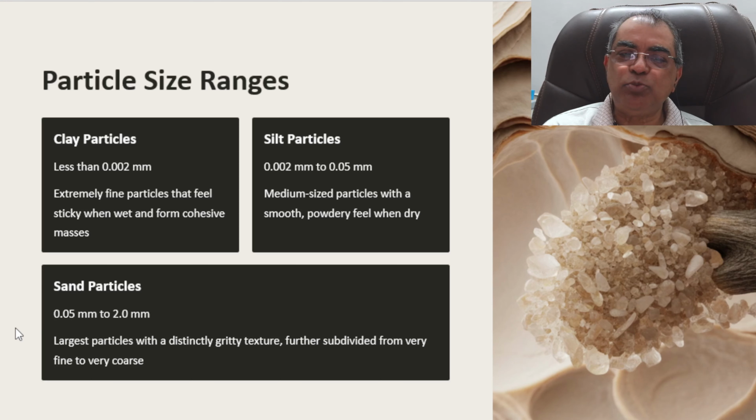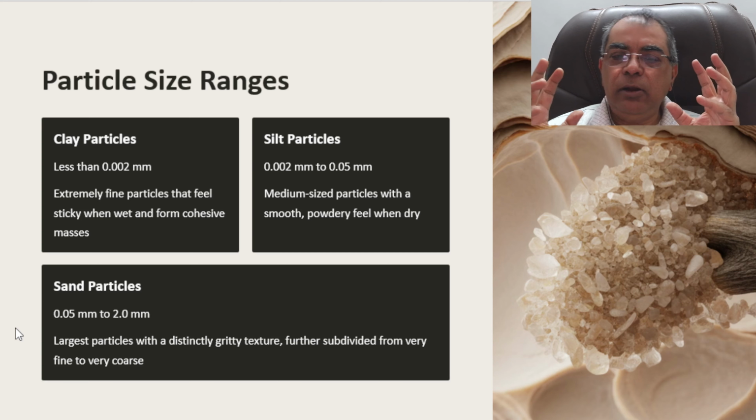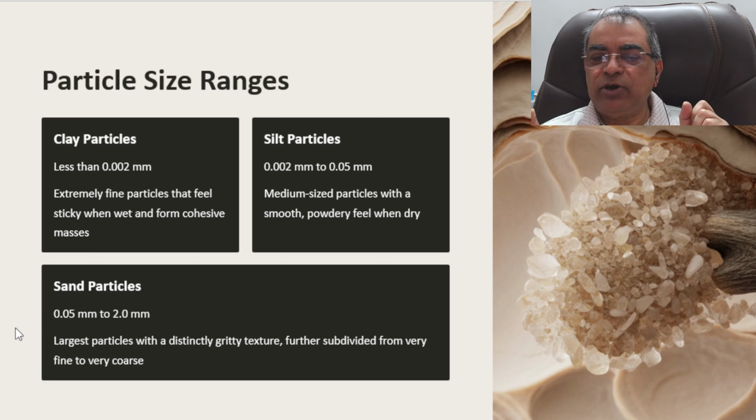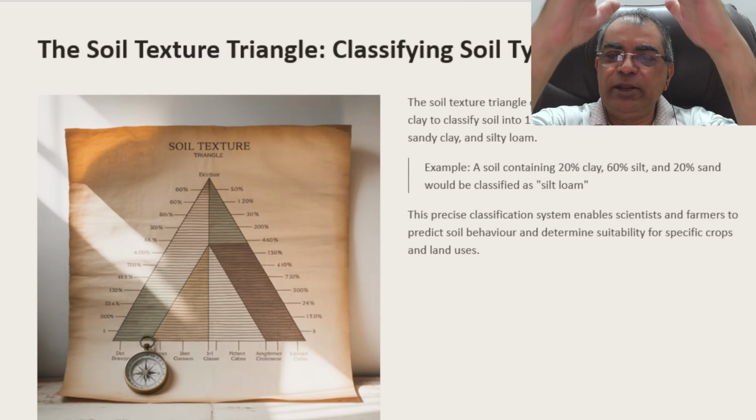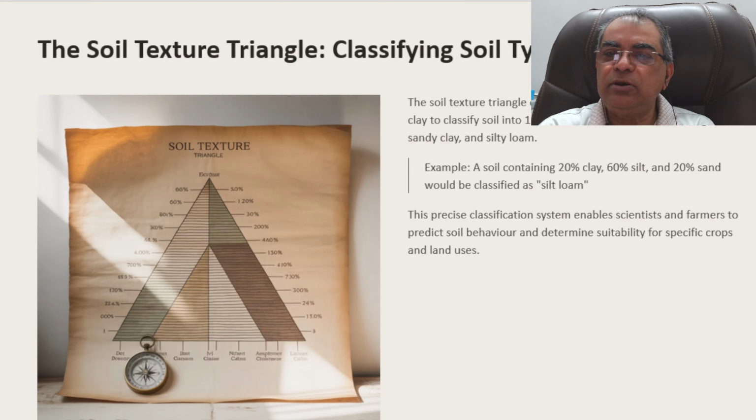Sand particles are 0.05 to 2 mm, the largest particles with a distinctively gritty texture, further subdivided from very fine to very coarse. So this is how the soil texture pyramid is.